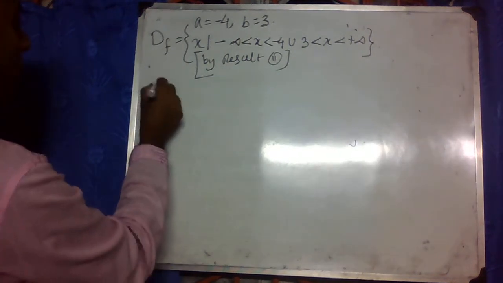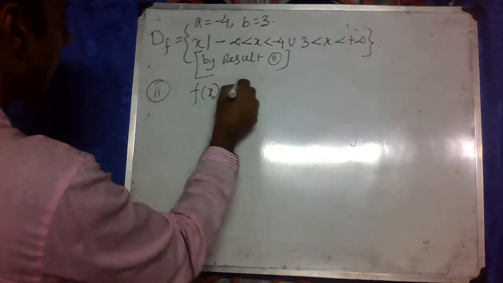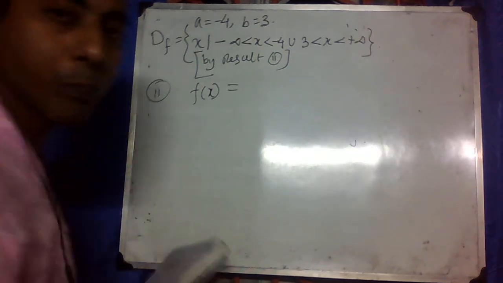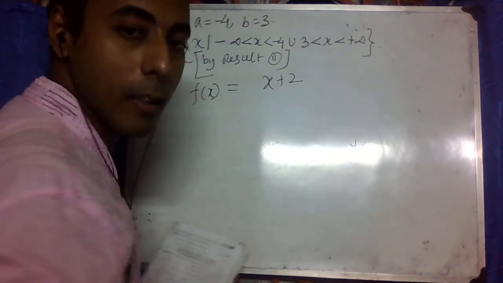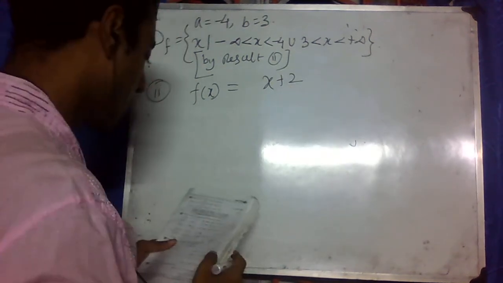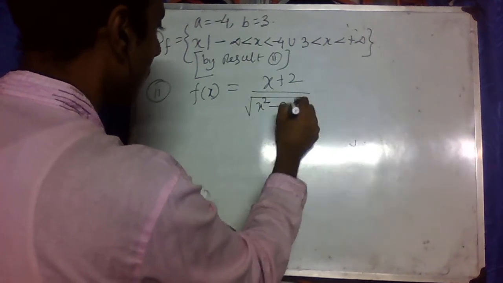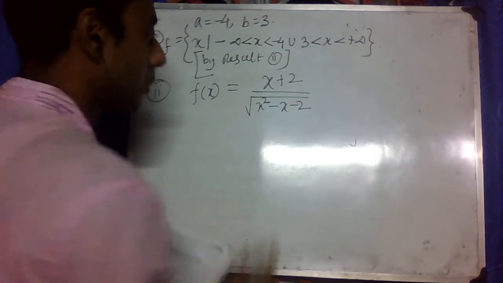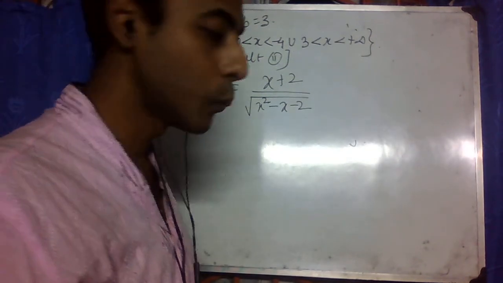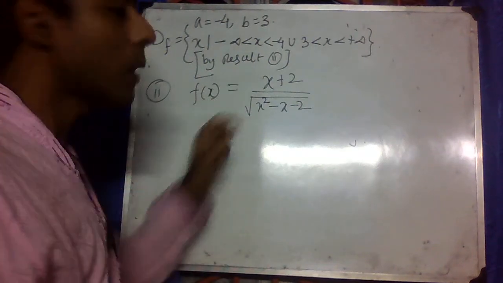Problem number 2. f(x) equal to (x plus 2) by root over (x square minus 2). This is of the form p(x) by root over q(x).